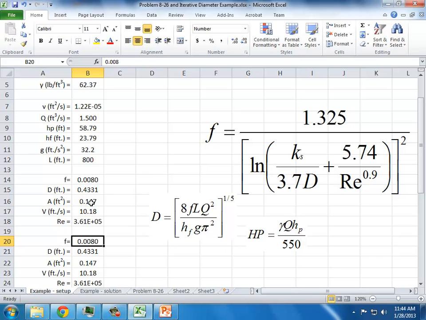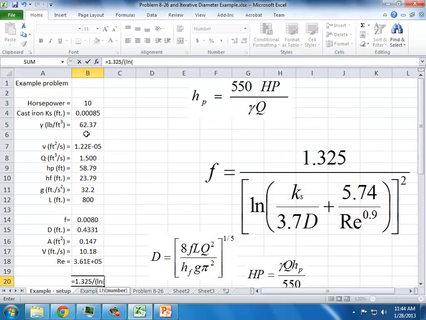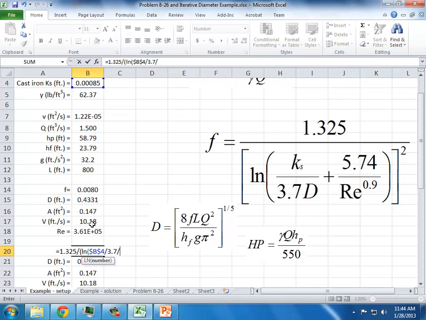So f equals 1.325 divided by the logarithm of k sub s anchored divided by 3.7 divided by D, the previous D, plus 5.74 divided by the Reynolds number, previous Reynolds number, to the 0.9 power.